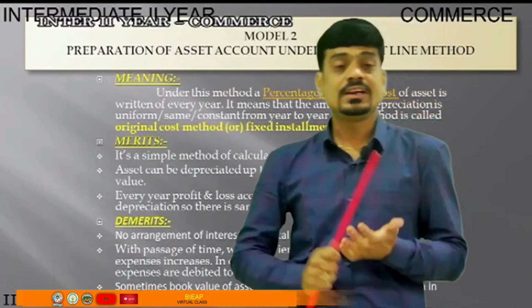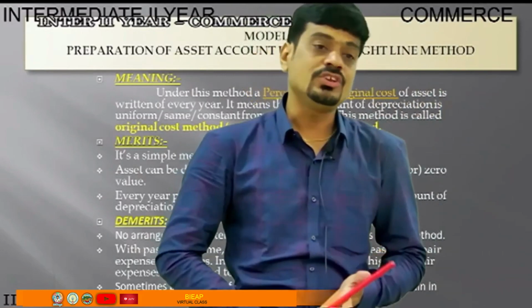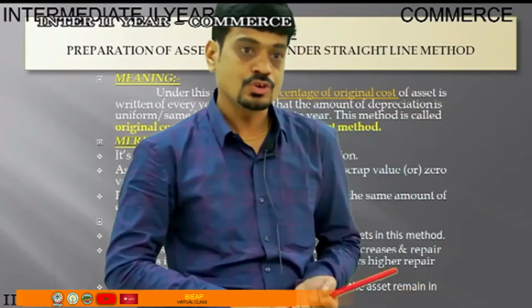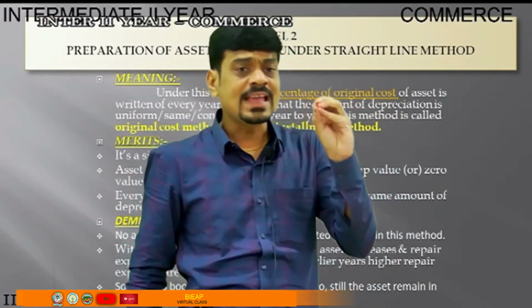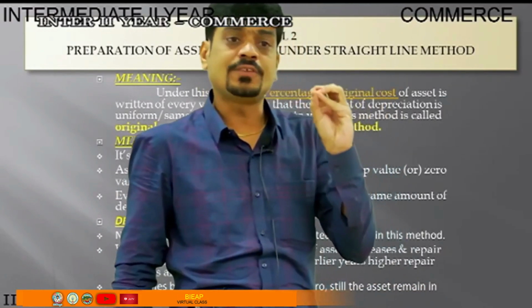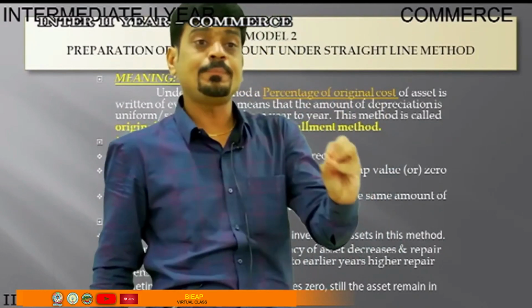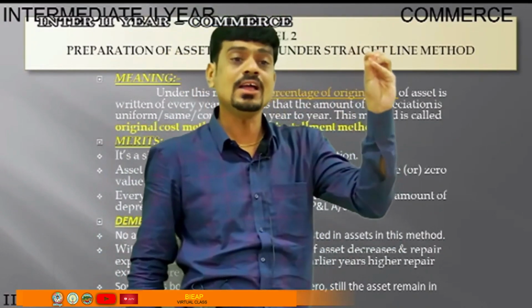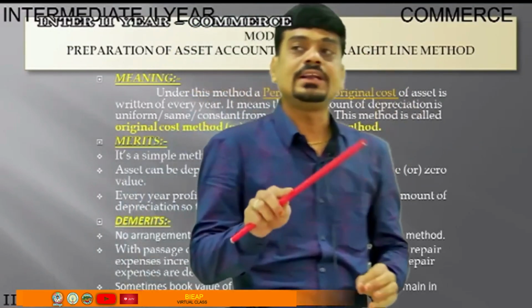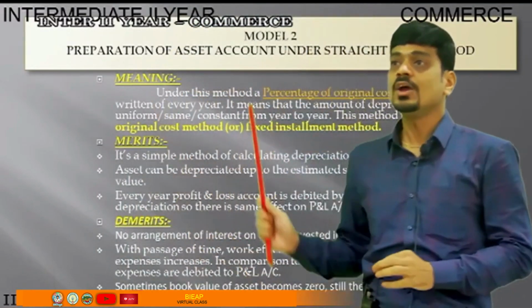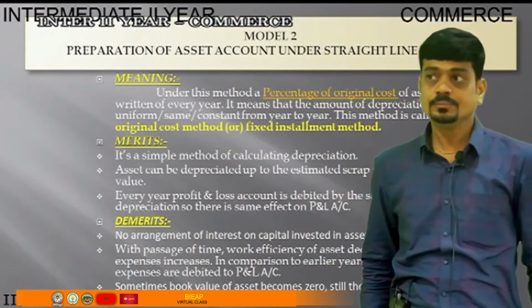Then comes the reason why we call it the original cost method. That also we should know. Since every year we calculate a specified rate of depreciation, and that depreciation is calculated on the original cost of the asset, we call it the original cost method or fixed installment method.